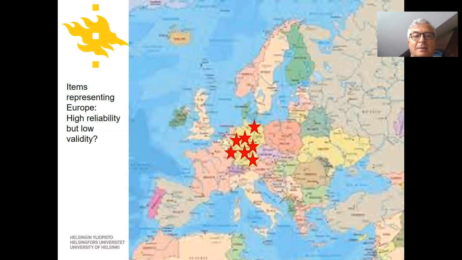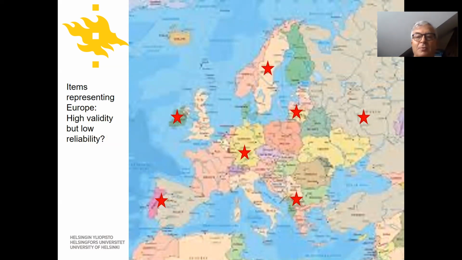So these items would have a high reliability coefficient when we counted it, but a very low validity in the sense that it doesn't actually represent Europe very well at all, except if the country in question happens to be a good representative of the whole of Europe. We won't get into that debate.